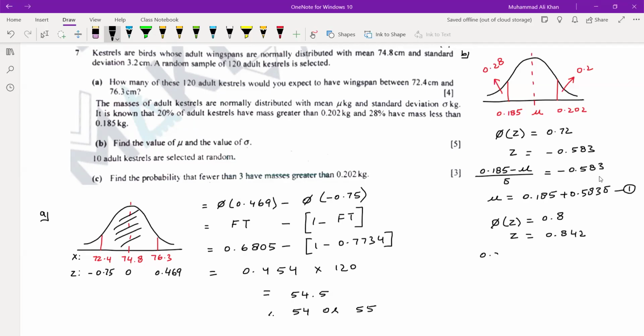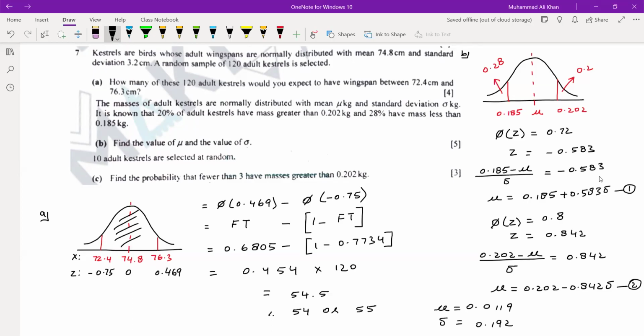So (0.202 minus mean) upon standard deviation equals 0.842, and again the mean is 0.202 minus 0.842 times standard deviation. This is equation 2. By solving equations 1 and 2, the mean is 0.0119 and the standard deviation is 0.192.